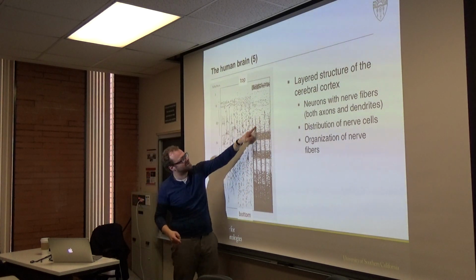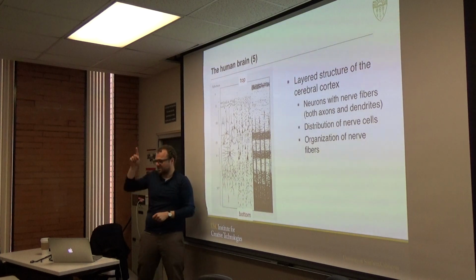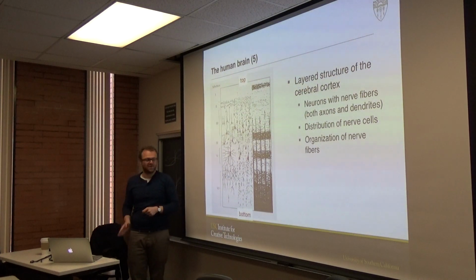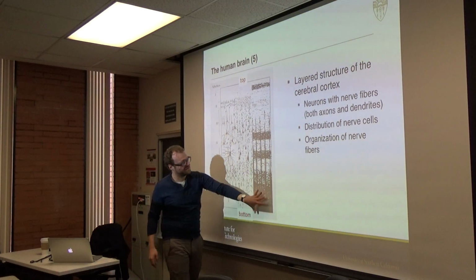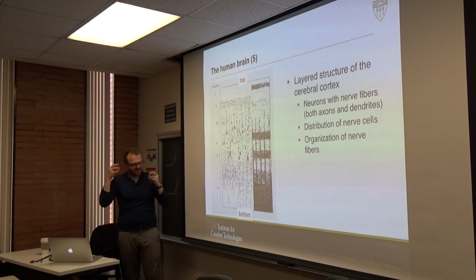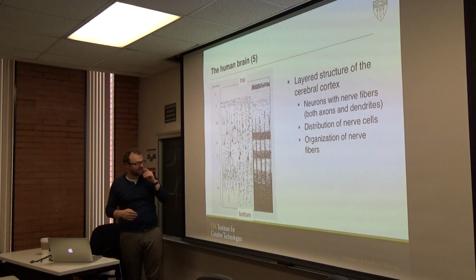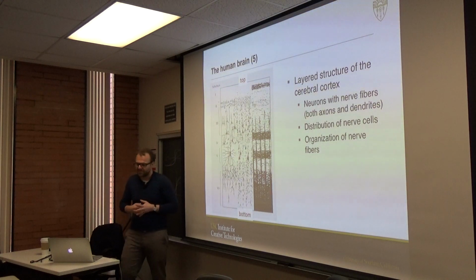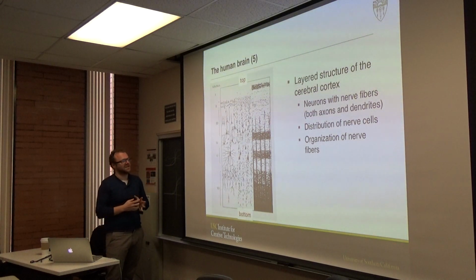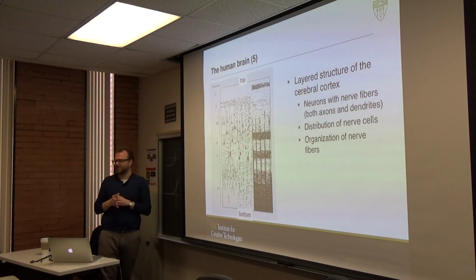But you also have connections that go up and down through multiple layers, okay? And then you have a strong connectivity at the bottom of the cerebral cortex. So this is about the organization of neural networks, okay?